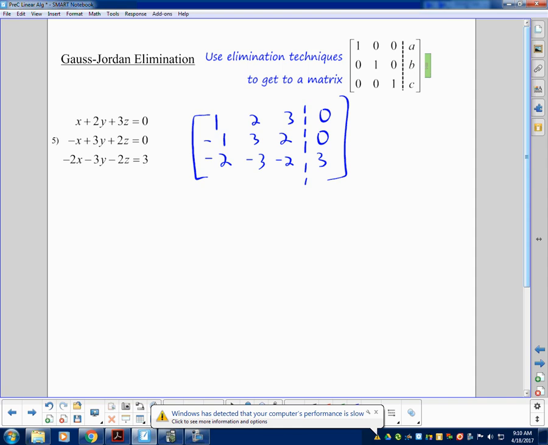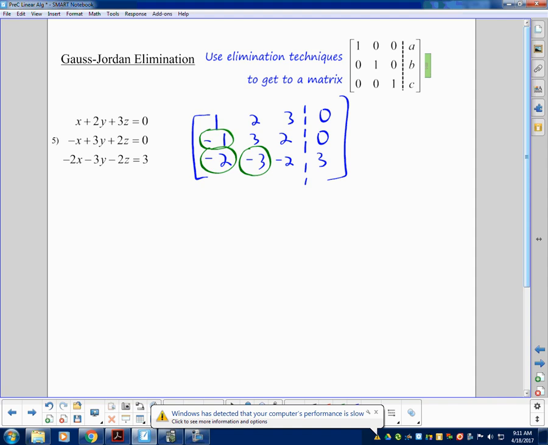And we're just going to take it to the point at which we get zeros. We want zeros here, here, and then here. And then we can take it from there. We don't need to get zeros up here. Once we have zeros here, here, and here, it's going to be a one-step equation to solve for z. And once I know z, I can substitute in to this equation that will be left here to get y, and then I can substitute z and y into this equation to get x.